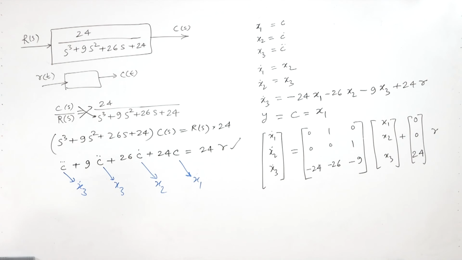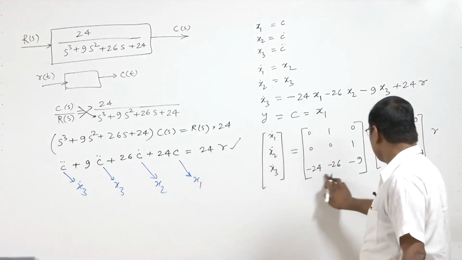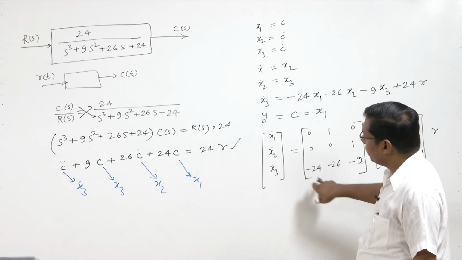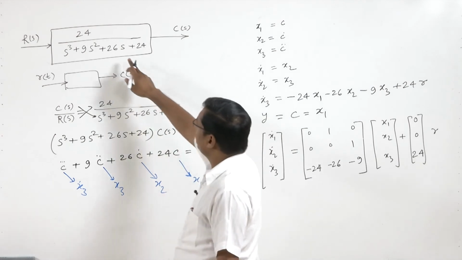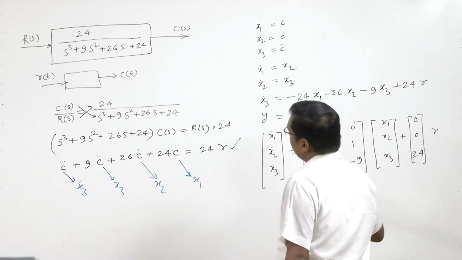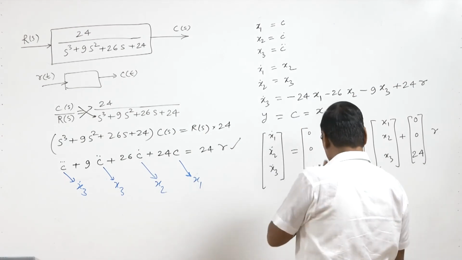Here we can see that these elements are reversed. So here 24 is minus 24, this 26 is minus 26, and here it is minus 9 with negative sign.